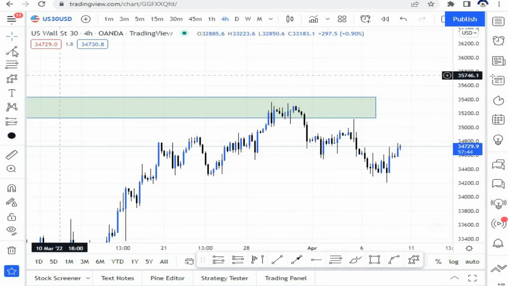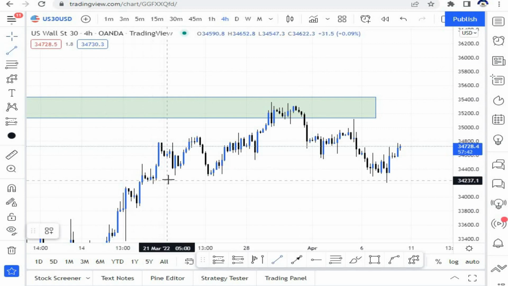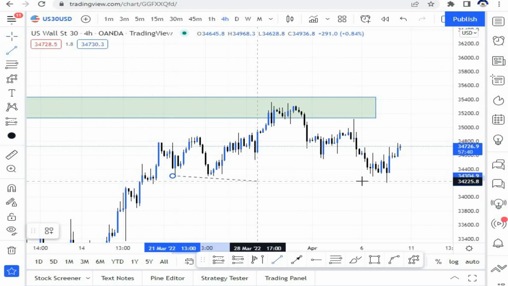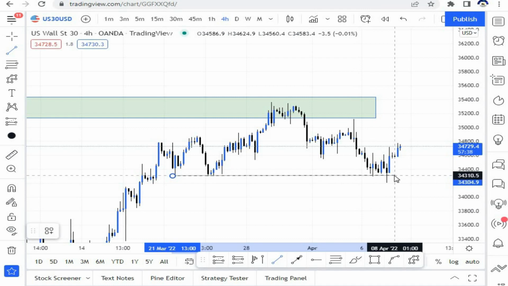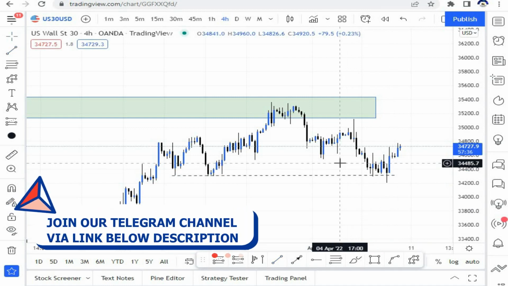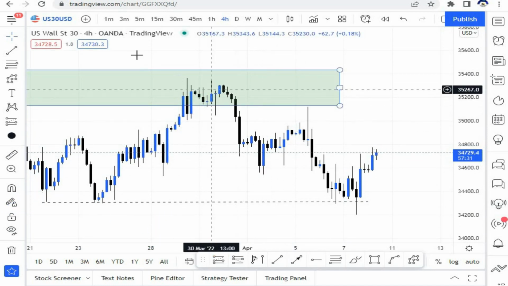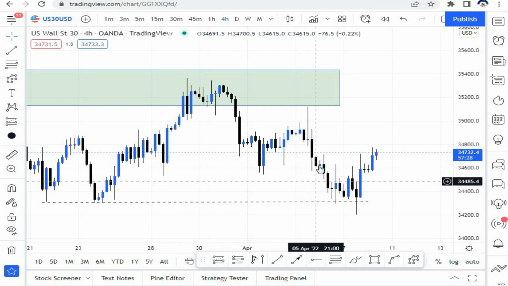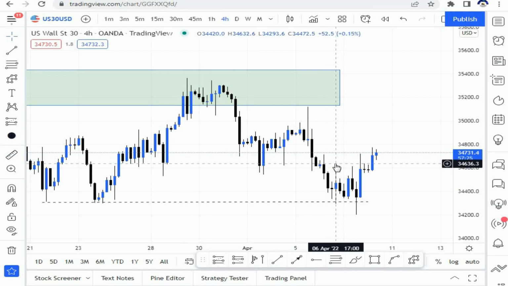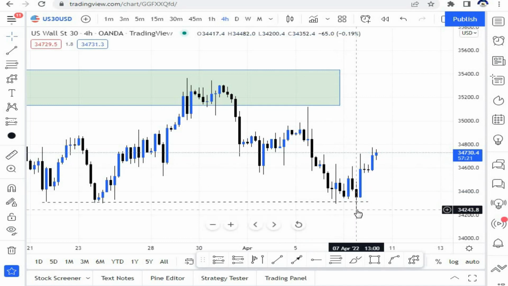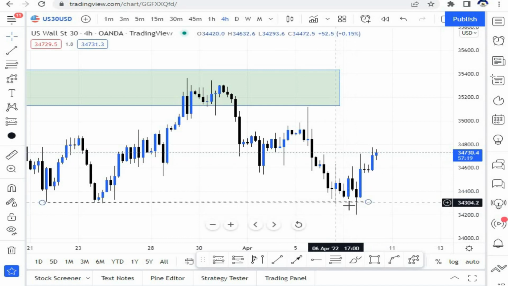Now the price has even taken out the swing structure here. The next thing you expect now is the price to come back to the last opposite candlestick, and you can see this was created, but the price came back to retest it and shifted the market going down. As you can see, they continued going down.